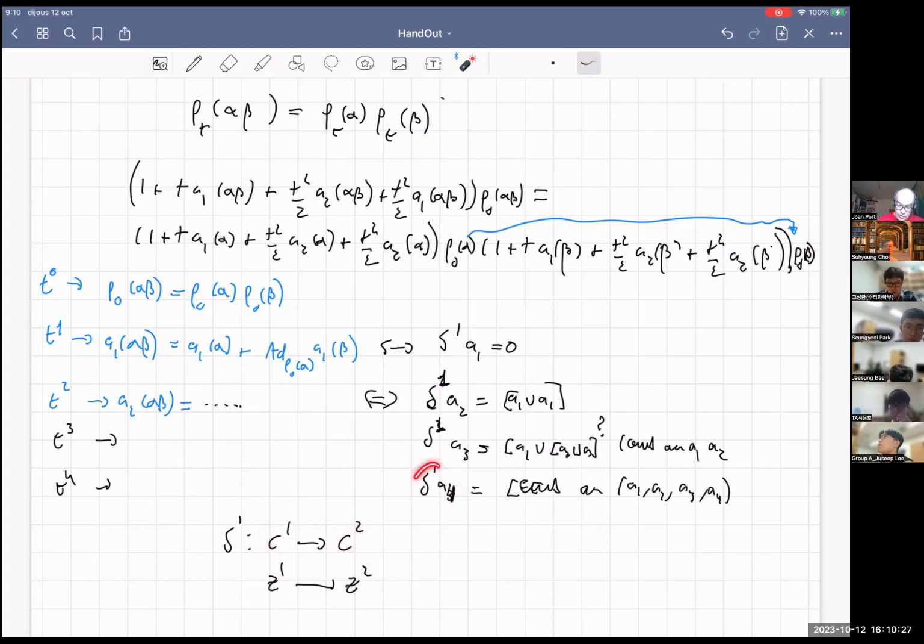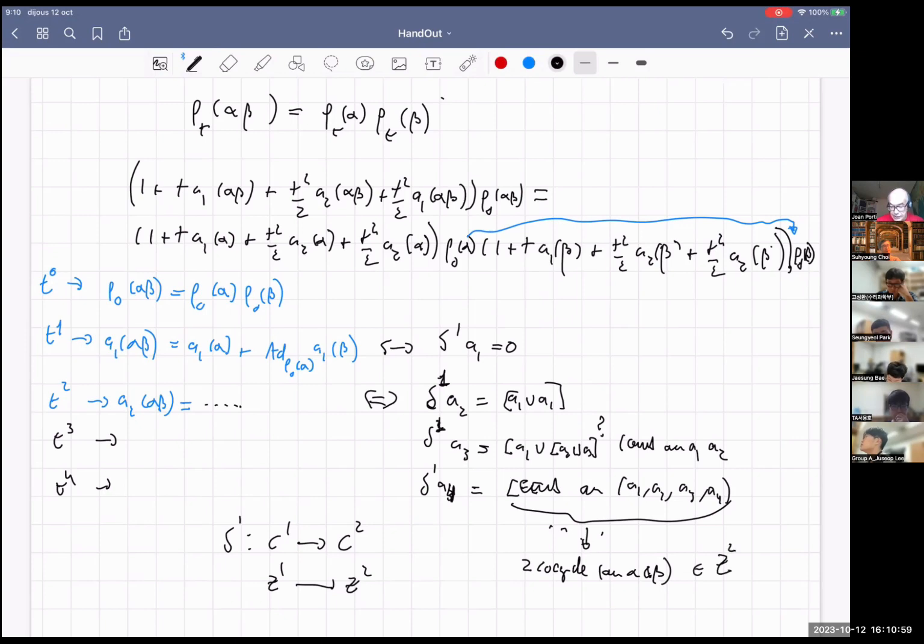And this condition is always saying that, sorry, I'm saying it wrongly. This is some object, this is a two-cocycle on alpha and beta, and this lives in Z2. You can check that it's a cocycle. It's a two-cochain, but it's also a two-cocycle.